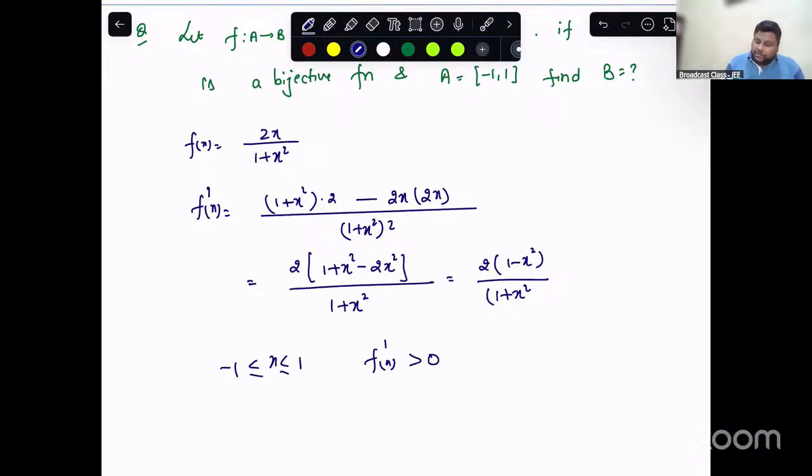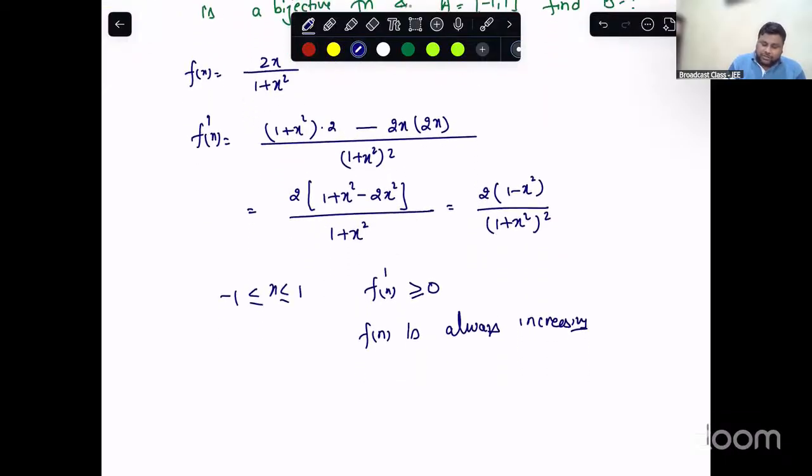See, denominator is always positive. And numerator is 1 minus x square, so that is also going to be positive, or sometimes 0. That means this numerator is never negative. So the function is always increasing.